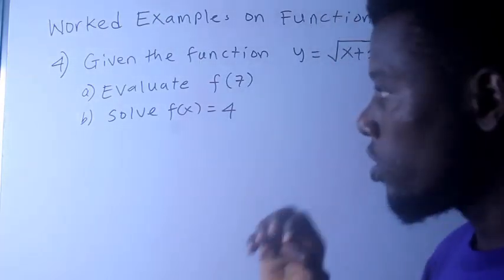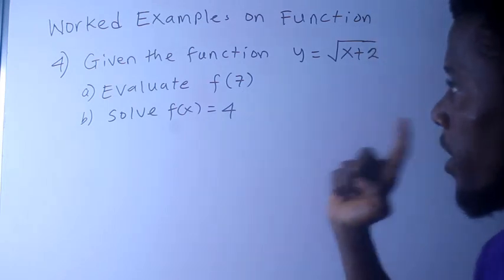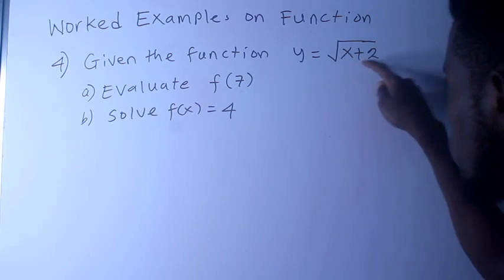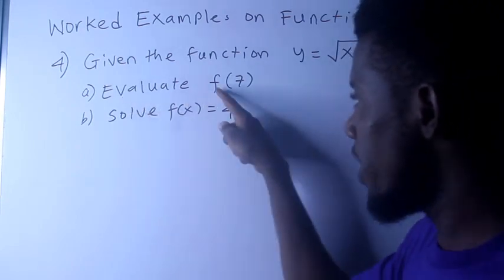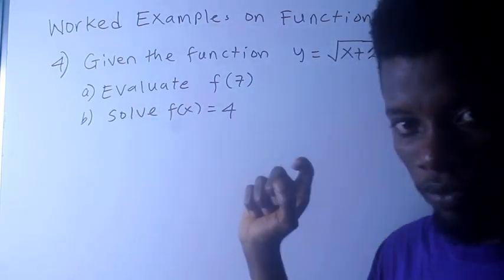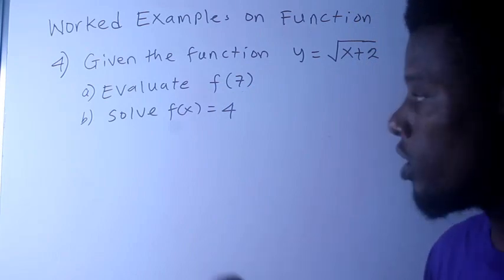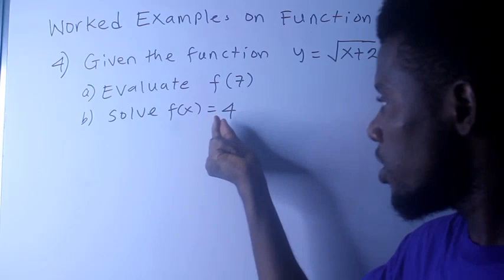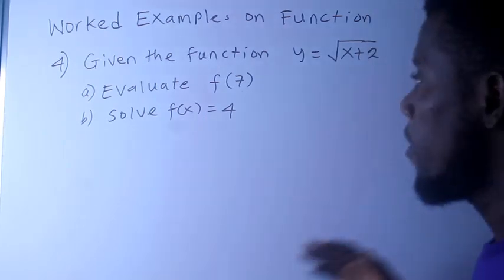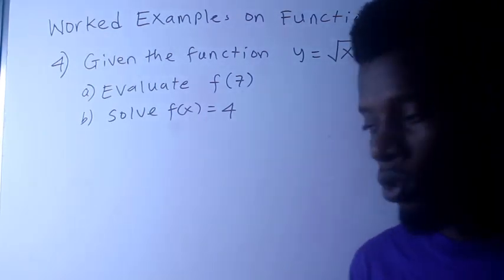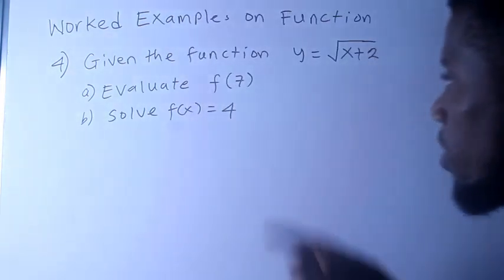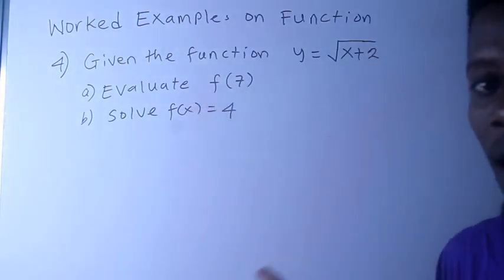Example number 4 says, given the function y equals the square root of x plus 2, evaluate f of 7. That's part A of the question. And part B says, solve f of x equals 4. Now, we told you in our past video that f of x is the same as y.